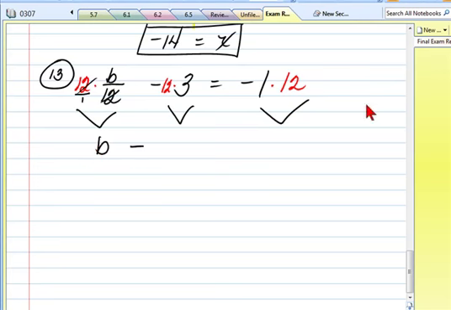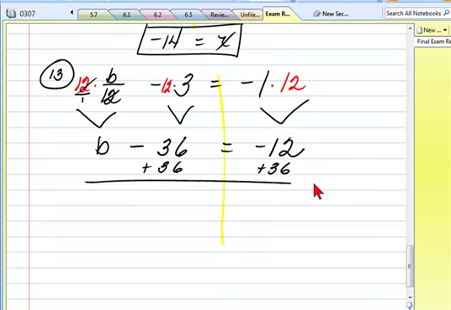The other terms are not fractions, so all I do is multiply. I have minus 36 is equal to negative 12. I want the b by itself. There aren't any b's over here, so I'm simply going to add 36 to both sides. And I get b is equal to 24.